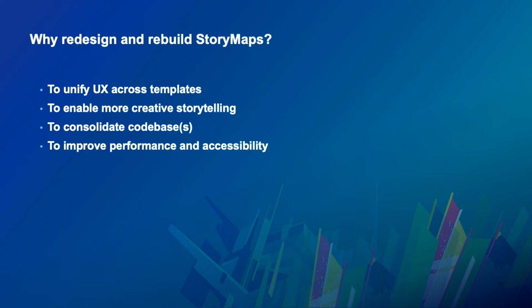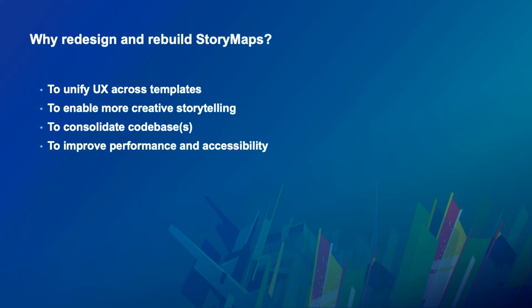A third and really important reason is to consolidate the code base. Because we have so many different templates right now that we maintain, whenever we have to push out updates, it's a very laborious process, and it means that updating the apps is very slow and costly for us now.